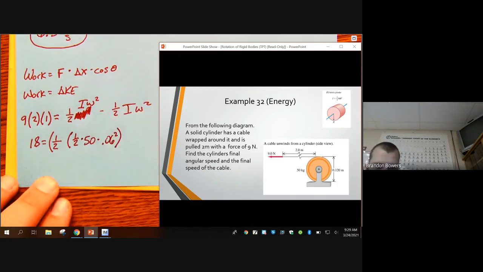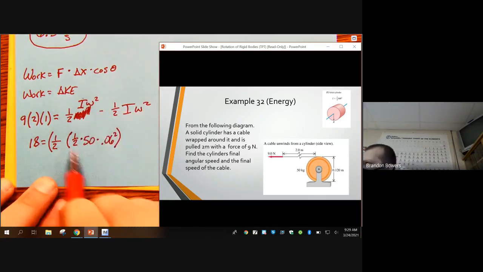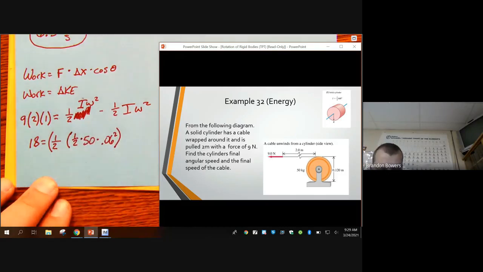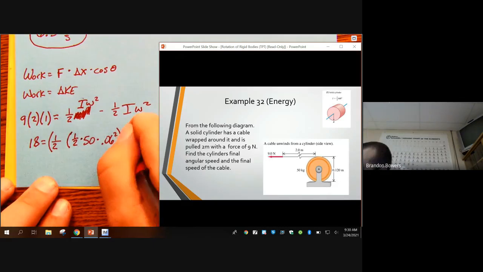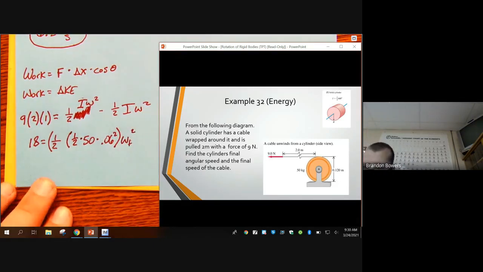So that's all I. This is my inertia. So all of this is inertia. Okay? And then omega final squared.